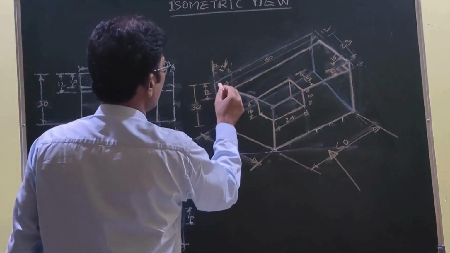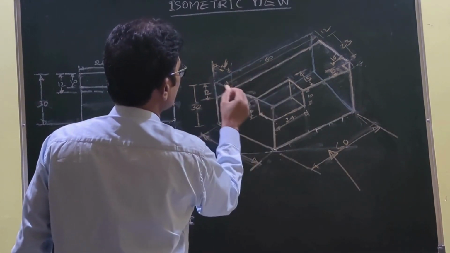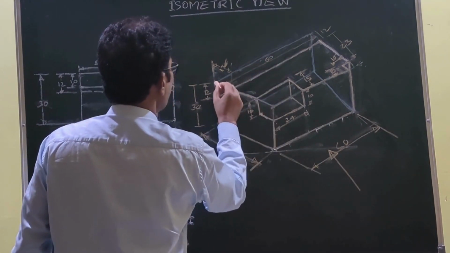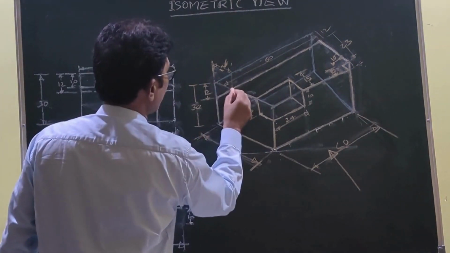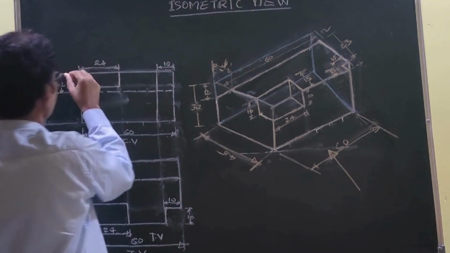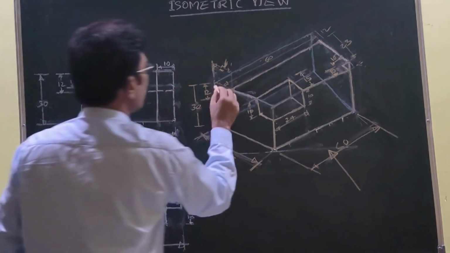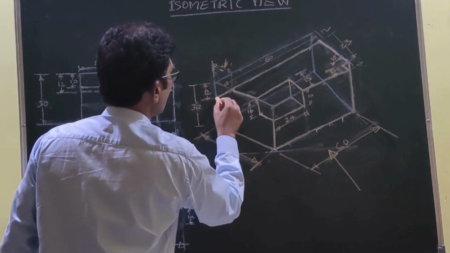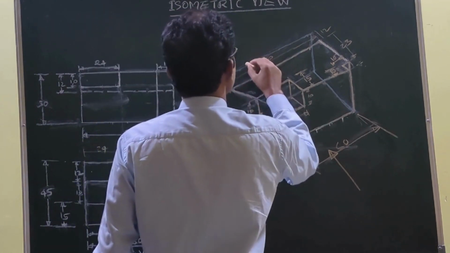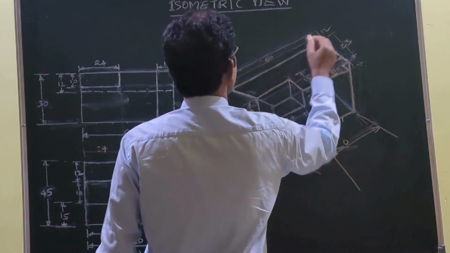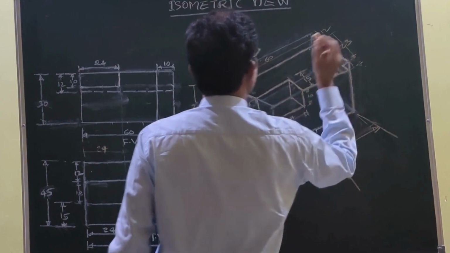So you put the width 12 here on this line. Take a point here, depth 12, measure 12. At this point you join this line and draw a horizontal line parallel to this one.